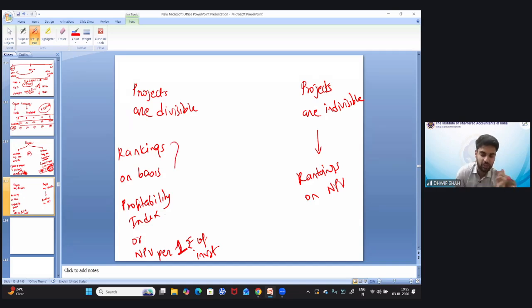Give rankings based on that. But if a piece is not possible, then just give rankings on absolute NPV terms.